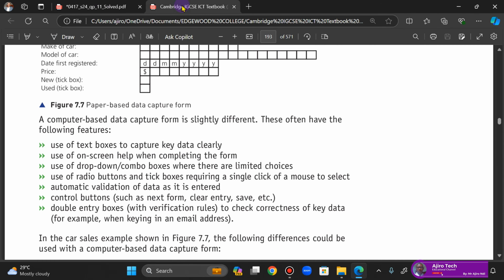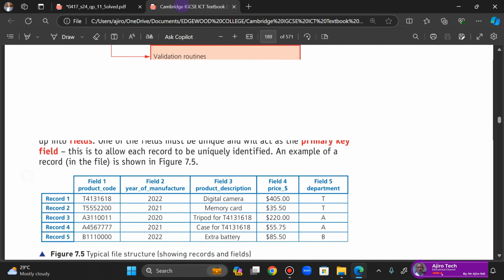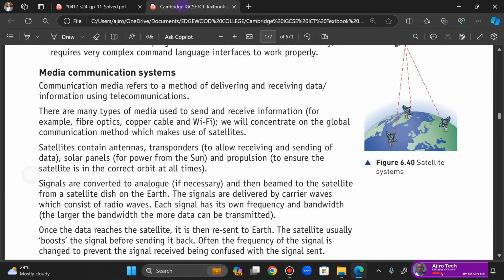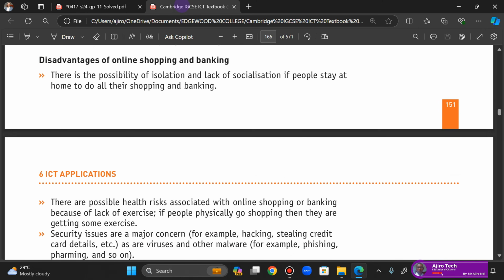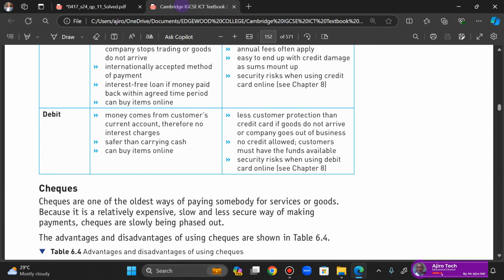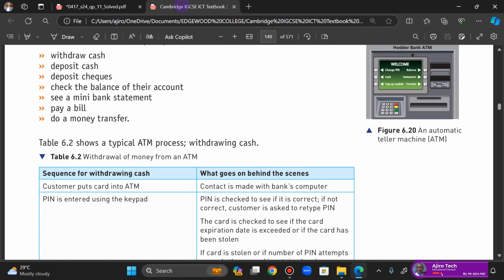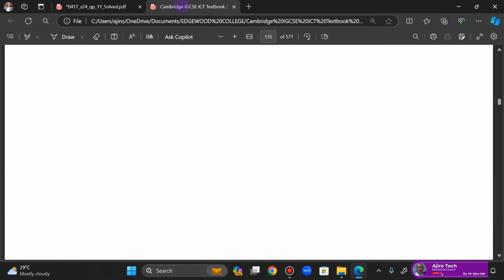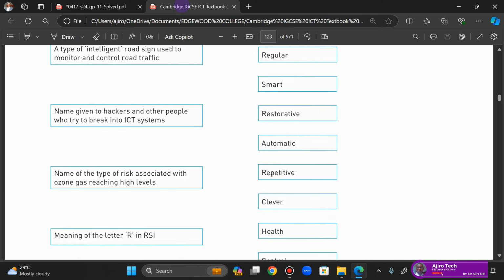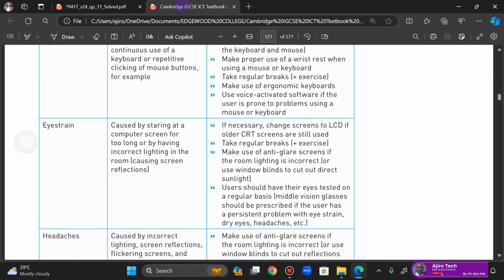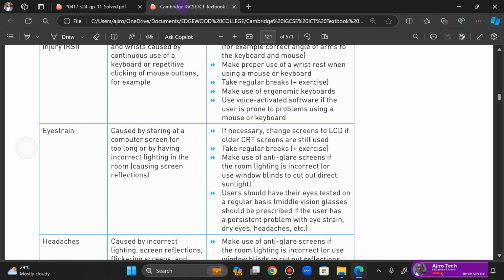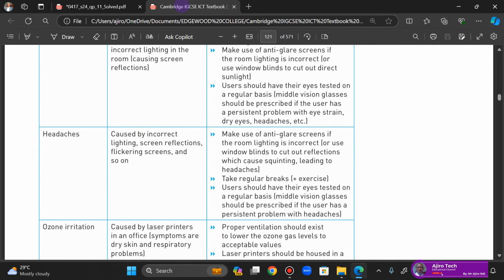This is important in maintaining a correct posture. Let me show you here. I think that's part of eye strain. So let me do this. Okay, I think I have it here. Okay, headache.